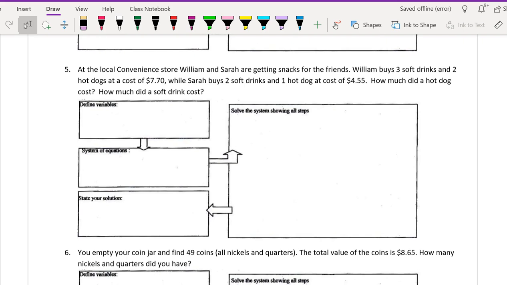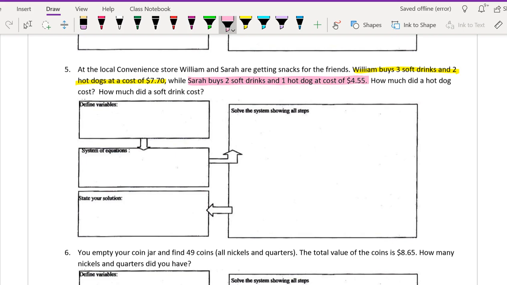Okay, so at the local convenience store, William and Sarah are getting snacks for their friends. William buys 3 soft drinks and 2 hot dogs at a cost of $7.70. Sarah buys 2 soft drinks and 1 hot dog at a cost of $4.55.